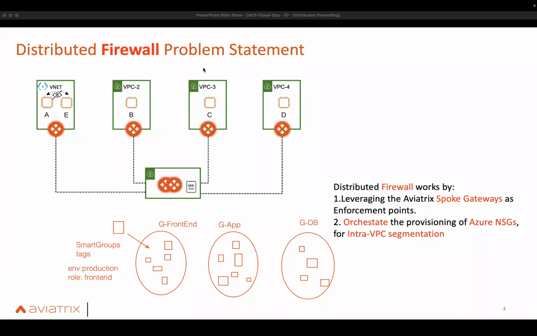Now that you've defined the tags, what's next is to define the policy on who is allowed from these groups to talk to each other, and on which ports to limit the communication. Once you define these rules, the system, as I mentioned, is intelligent enough to decide where to render the rule, whether on our spoke gateways or within the CSP platform.